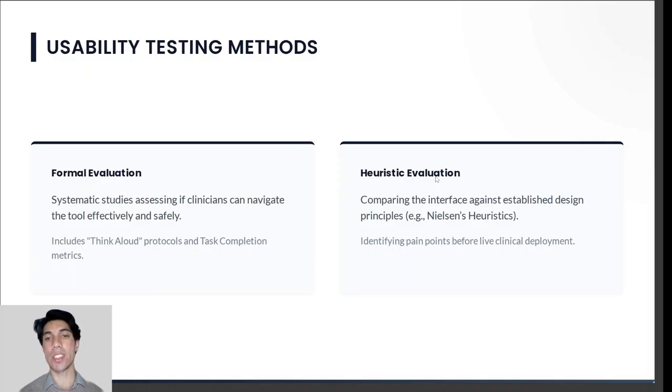Then there are the heuristic evaluations, which compare the interface against established design principles, for example, the Nielsen heuristics. So in heuristic evaluation, we compare the interface of our system against established design principles. And this helps us identify pain points before live clinical deployment of our systems.